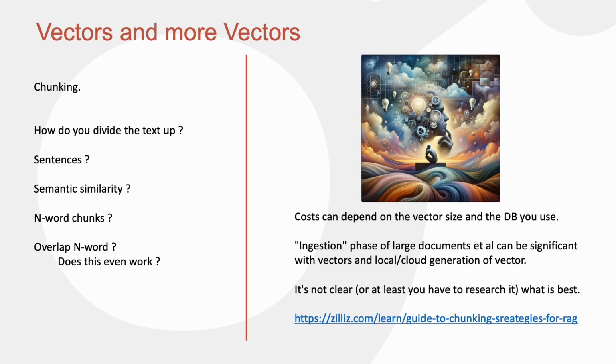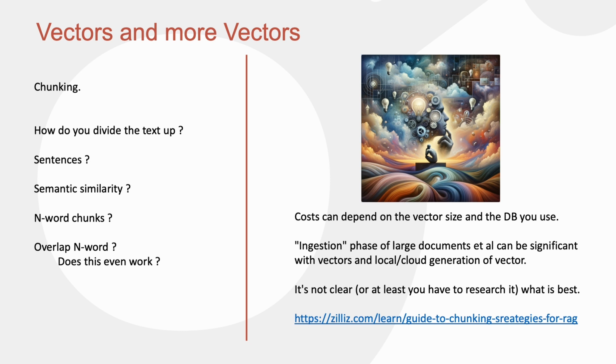Okay, so let's say you've got your PDF. And it's a report, and it's talking about various different things that you're trying to tell people. You want to divide that into bits of text that you're then going to render into a vector. The question is, how do you divide the report up?